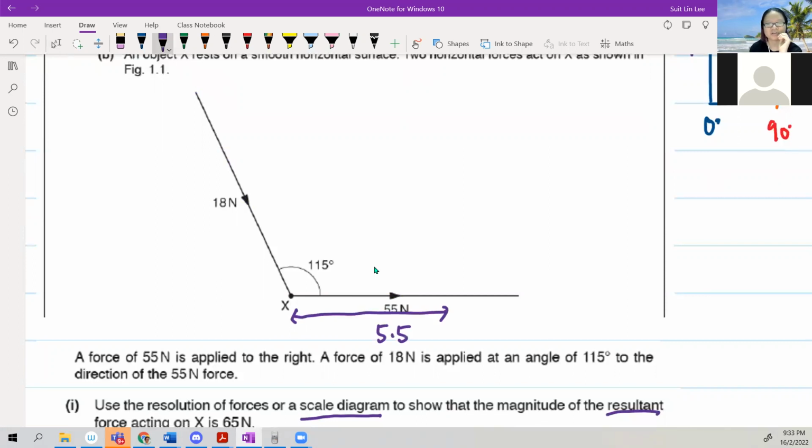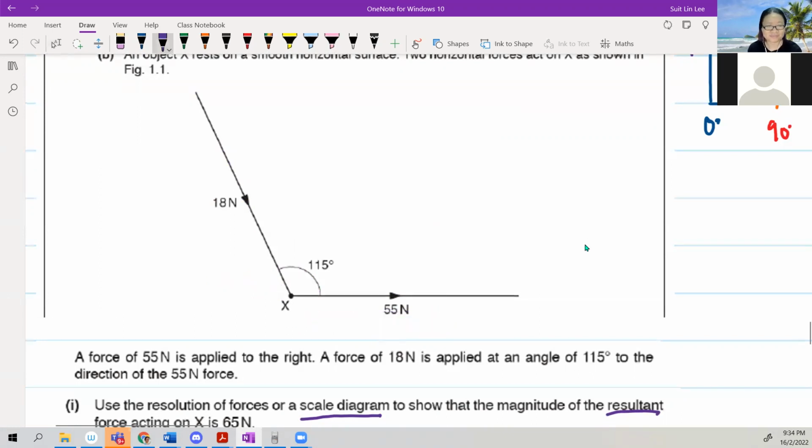Maybe this one you measure 5.5 cm, and maybe this one you measure 1.8 cm. And you better make sure this is 115 degrees. If it's printed out in the actual CIE paper, it'll be 115 degrees. If Miss Lee cropped like this and accidentally stretched during printing, it may not be 115 degrees. So scale drawing method works if you actually draw a diagram. But in this case, I'm not going to draw a diagram.